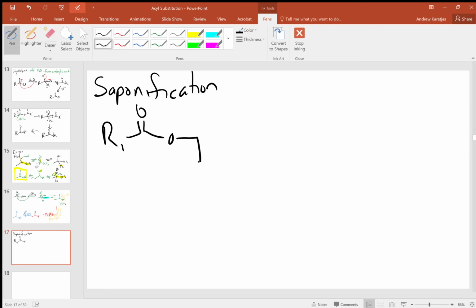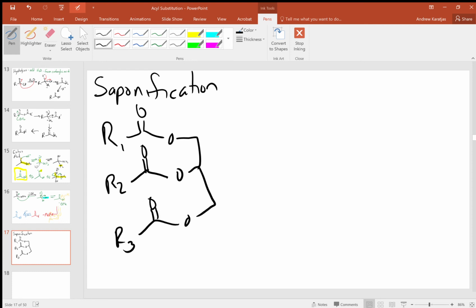if we start with a triglyceride, which actually has 3 esters, as long as we add sufficient hydroxide, we can cleave all 3 of these esters.